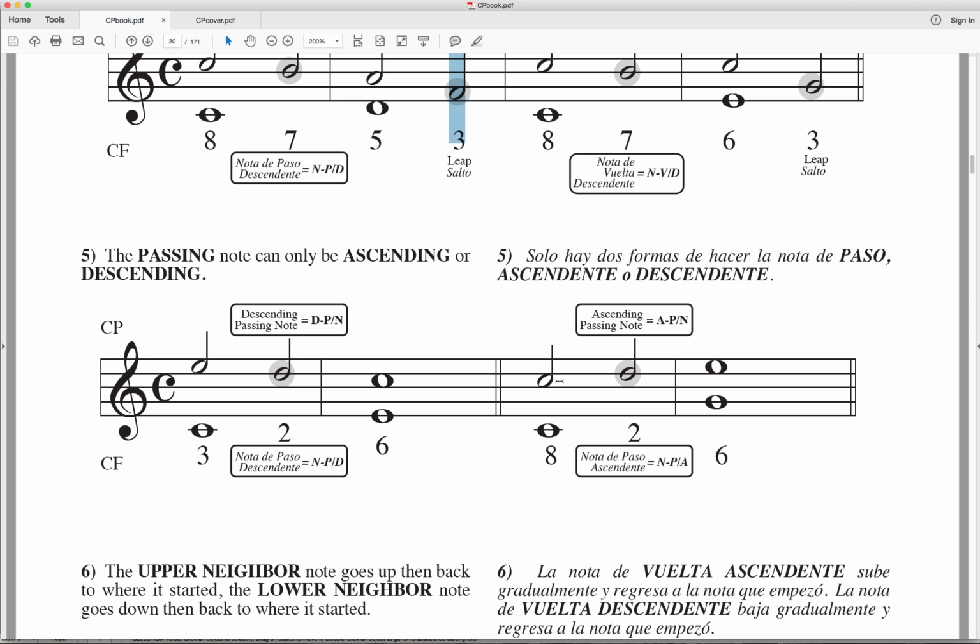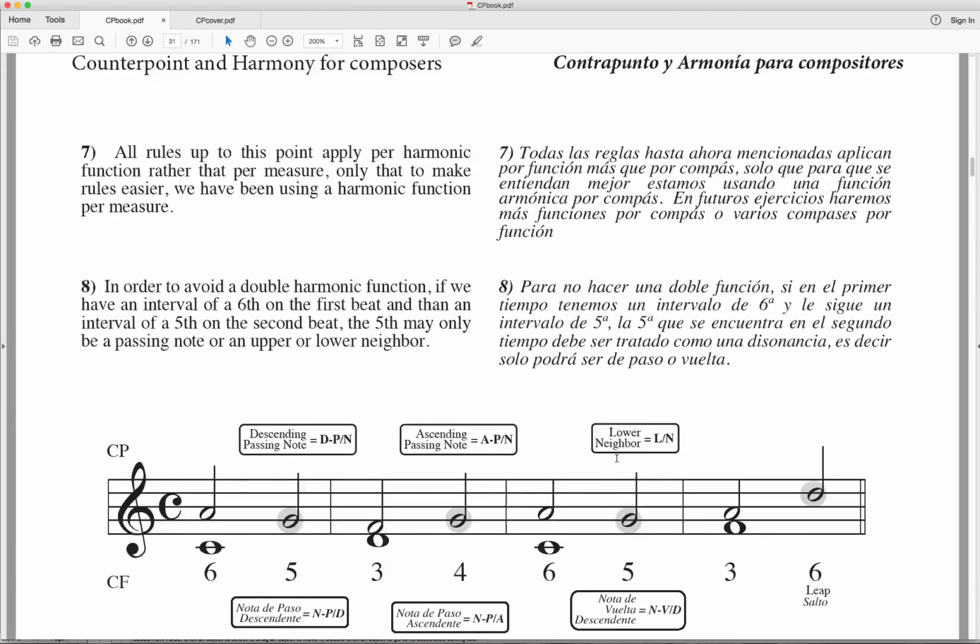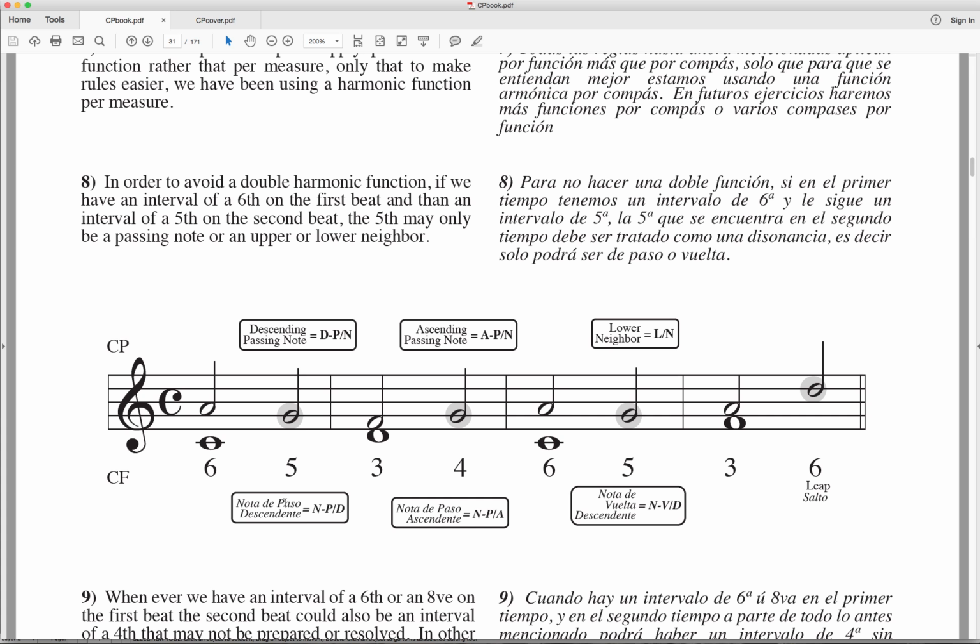On this other sample, it's an ascending passing note. On this other one, it's an upper neighbor. On this other one, it's a lower neighbor. And the same thing goes with the parallel fifths and octaves.